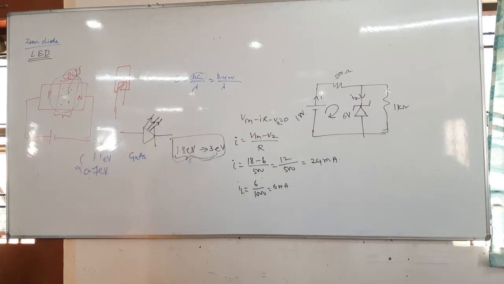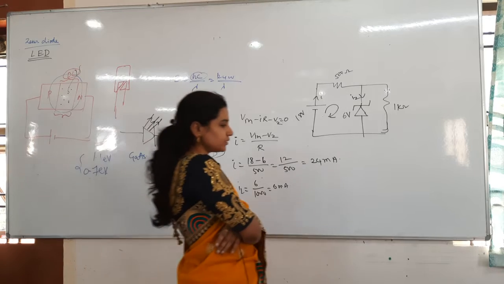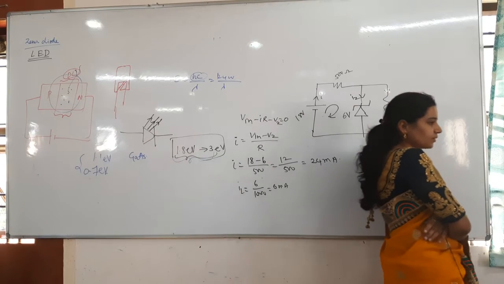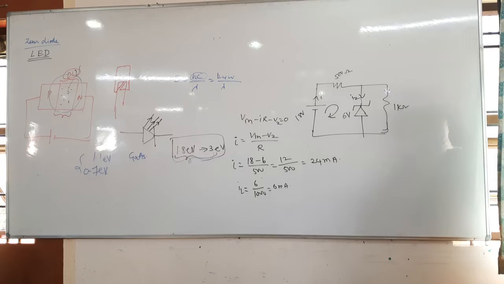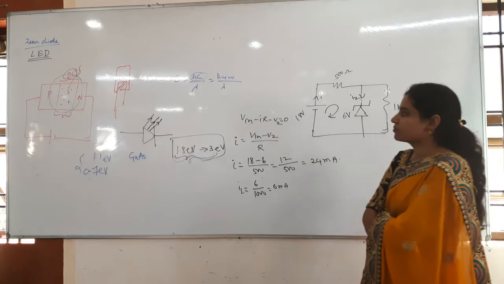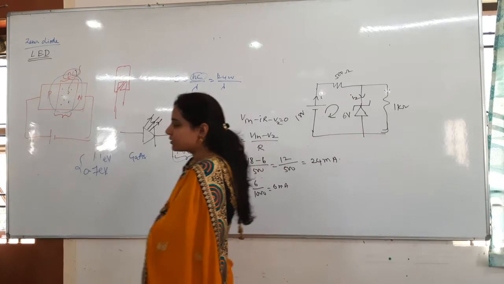If the voltage is further increased, then the brightness will decrease.